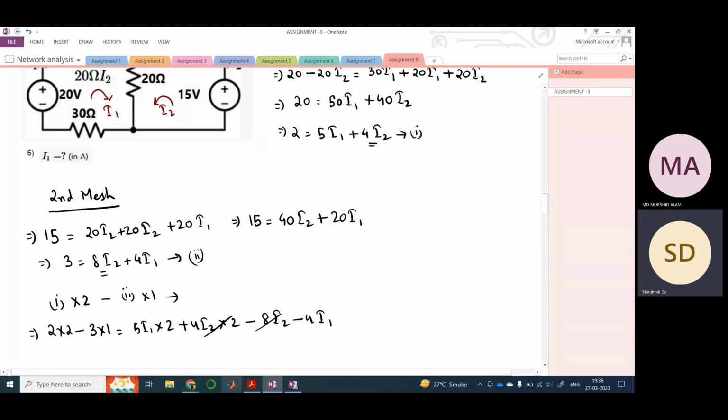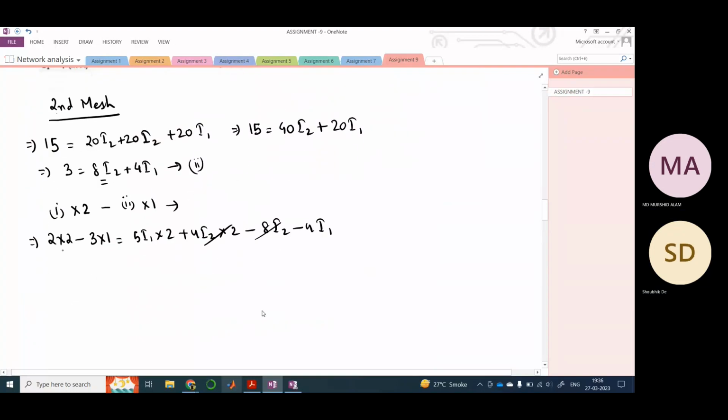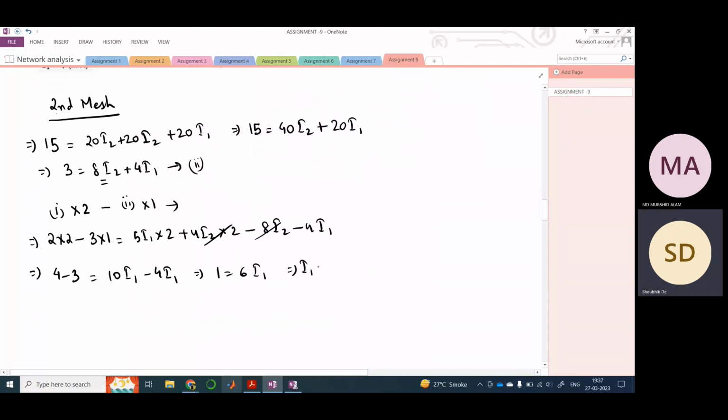Right, so this thing and this thing will get cancelled, and this would be 4 minus 3 equals 10 I1 minus 4 I1. Therefore this would be 6 I1, and therefore your I1 would be 1 by 6 amperes, which would be, what is 1 by 6? It's around 0.167 amperes. So this would be the answer to your first question.